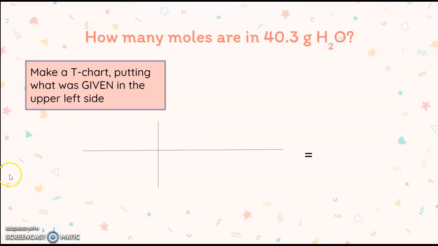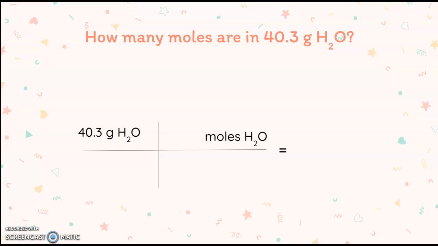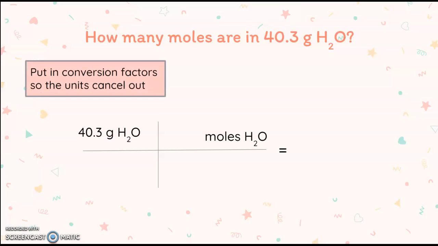All right, if you saw my last video, how we do it is in that upper left-hand side, we're going to put what was given. In this case, that's the 40.3 grams of H2O. On the right-hand side, we're going to put what we are looking for, and that is going to be the moles of H2O. So once we've put that in, we can start to fill out the units for the rest of this.